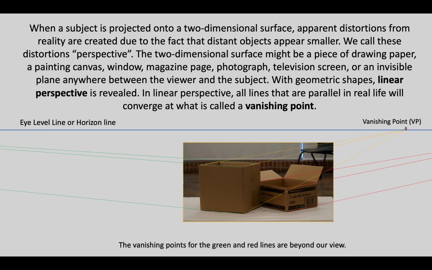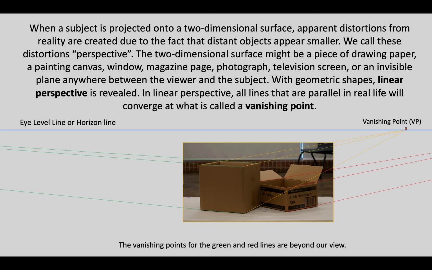But they're converging at a point on the blue line, which is the eye level line, commonly called the horizon line. The red lines over on the right are projections of three of the parallel lines of the short box, and they too are converging on the horizon line or eye level line.